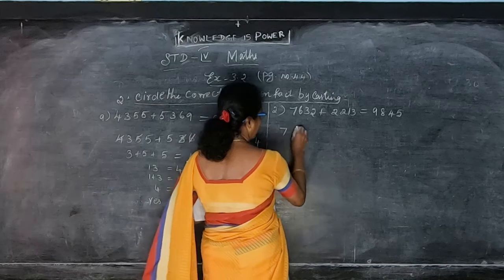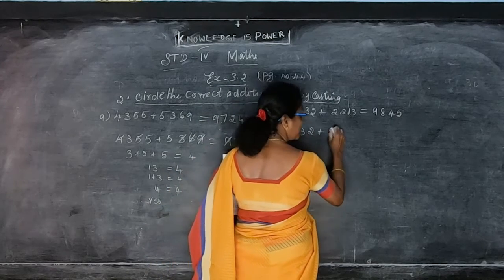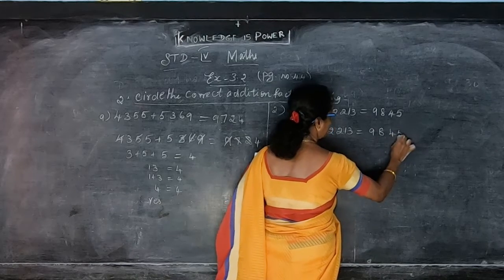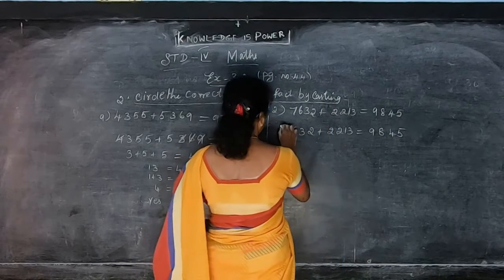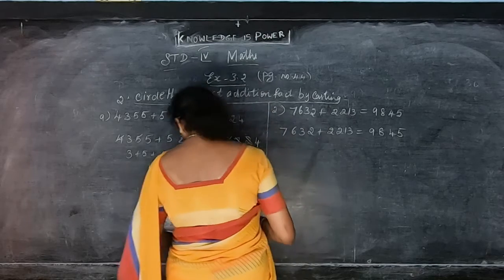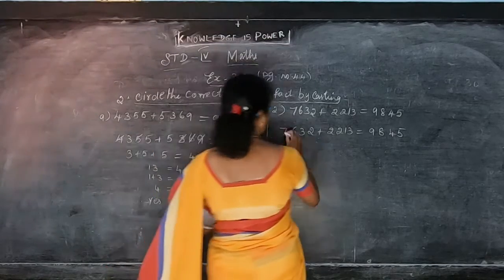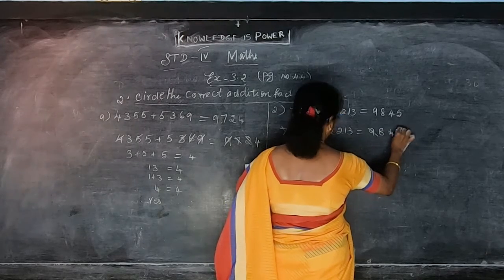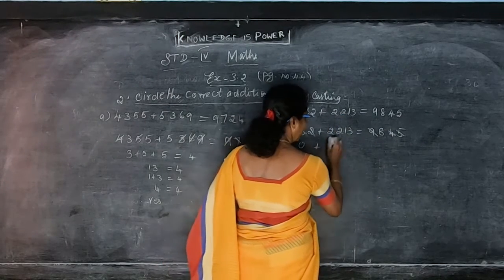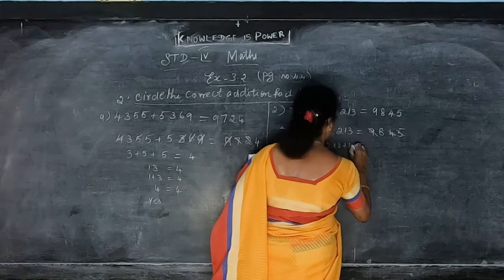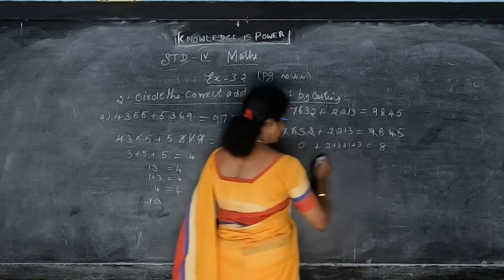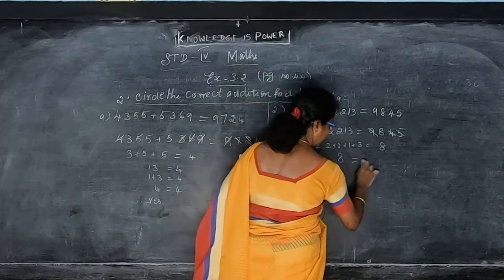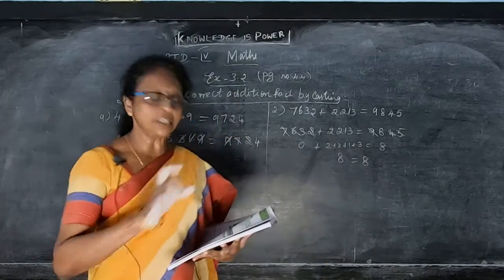So we take it out and write again, 7632 plus 2213 is equal to 9845. So you strike off the 7 and 2, 6 and 3, then 9, 5 and 4. So here this will be 0 plus 2 plus 2 plus 1 plus 3, that is equal to 8. So 2 plus 2 is 4, 4 plus 1 is 5, plus 3 is 8. 8 is equal to 8. Okay, like this you have to check the addition.